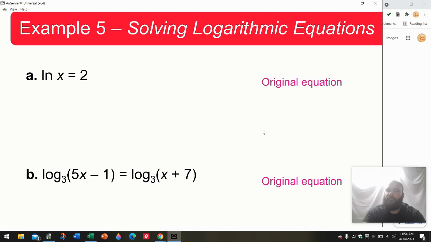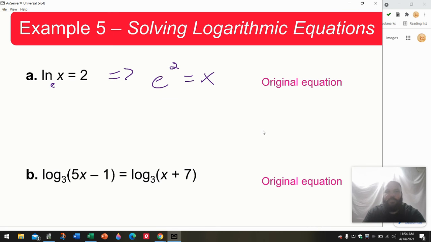Again, that's the very first rule that we studied whenever we began talking about logarithms. So remember, the base of the log becomes the base of the exponent, and then the x and the 2 switch places. So this is natural log, so that means the base is e. So to convert this into exponential form, we would get e to the second power equals x.